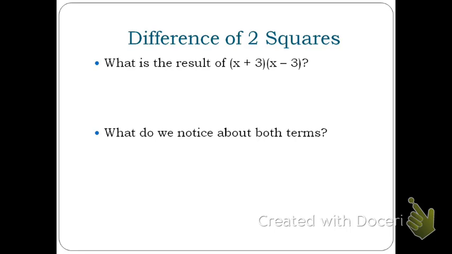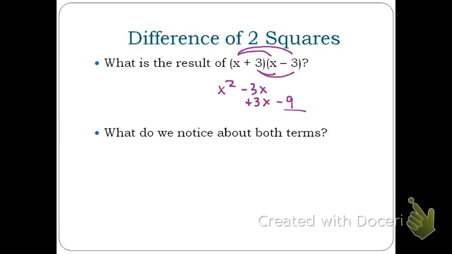Now, I want to take a look at this first. What is the result if we take x plus 3 times x minus 3? You will see that if we distribute here, we get x squared, x times x is x squared, x times minus 3 is minus 3x, 3 times x is plus 3x, and then 3 times minus 3 is minus 9.